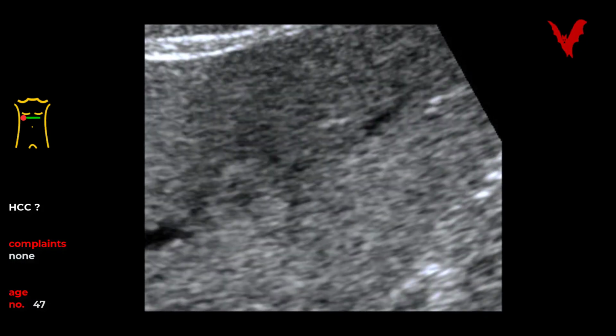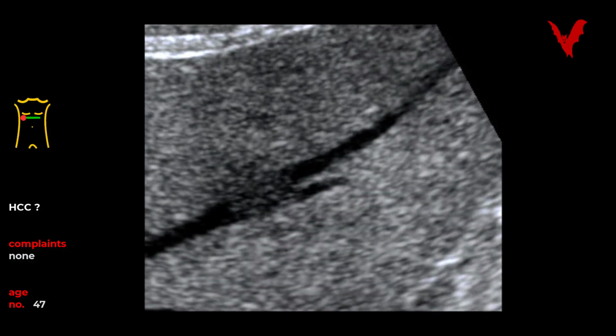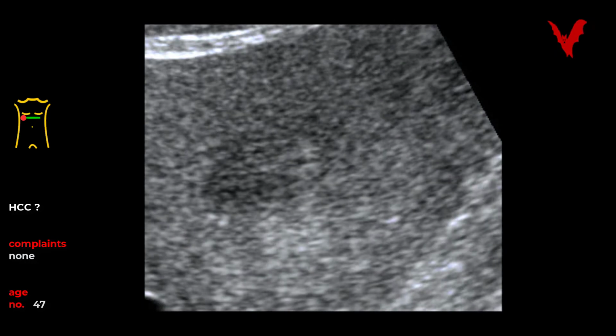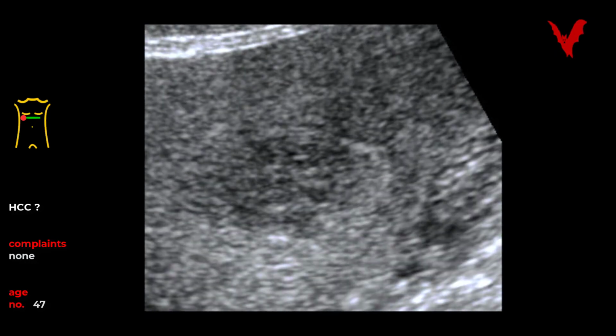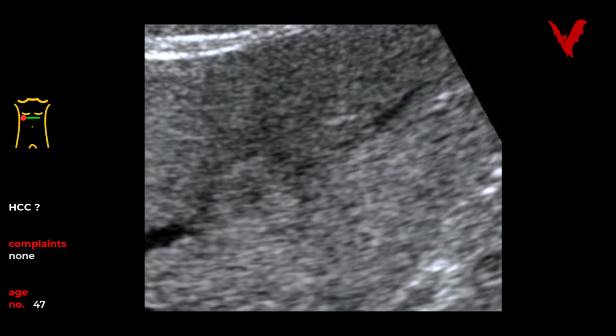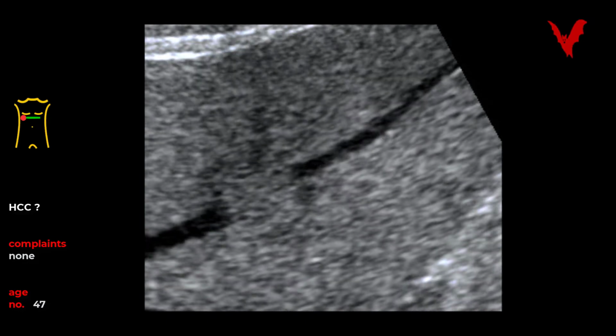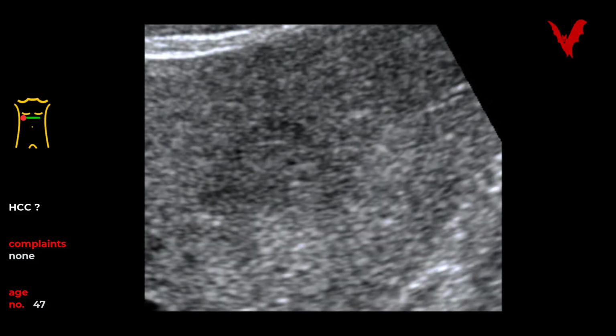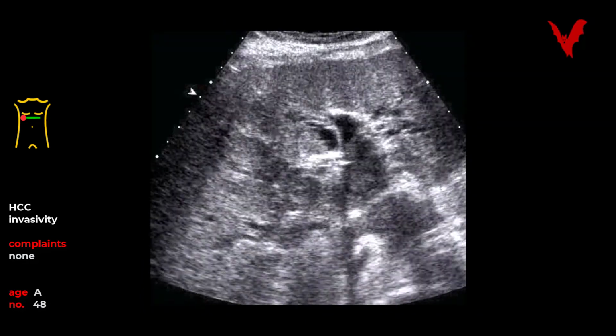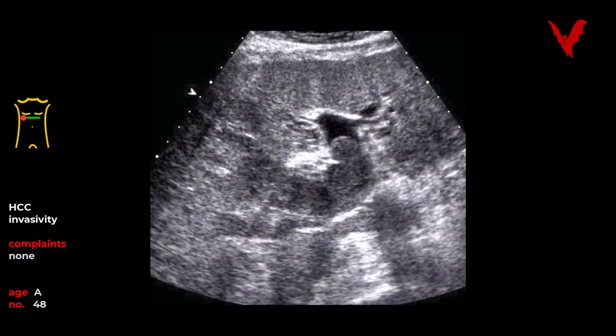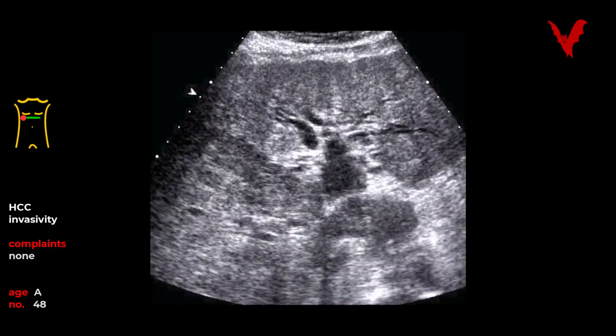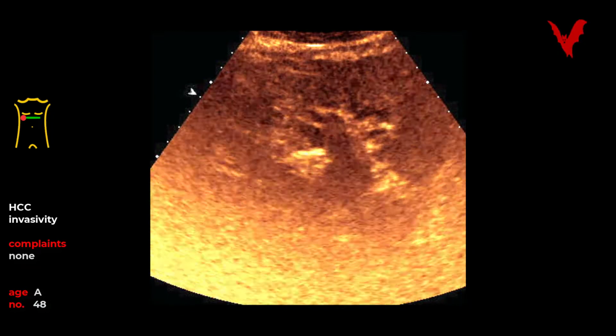And in figure 47, this newly arisen tumor in a chronic alcohol addict is suspicious of an HCC. And even more so in this case here in 48 with affection of the portal veins.